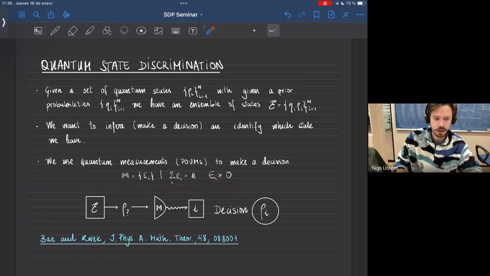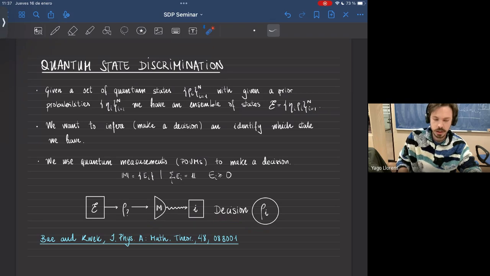So the picture to have in mind is: given an ensemble that you know, we have one of those states with given prior probabilities, but we don't know which one it is. So we perform a measurement, obtain an outcome i, and then we make a decision: rho i.